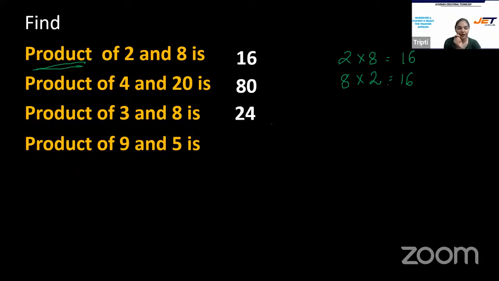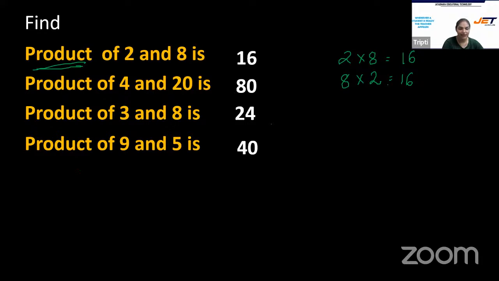Next, what is the product of 9 and 5? 9 times 5 or 5 times 9, both will give you the same answer.